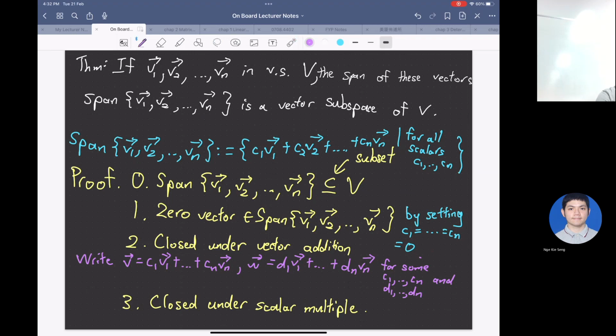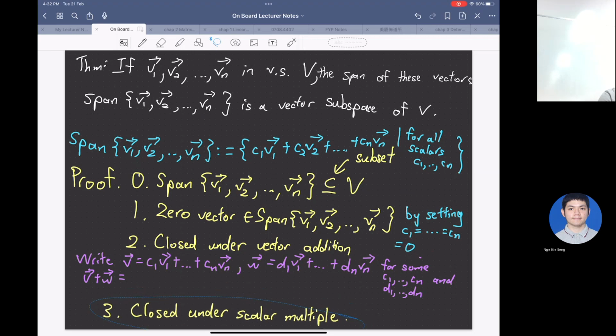So we want to find what V plus W is. Can we write it as a linear combination of V1 up to Vn again? What do you think? You want to add these two together, so now you have 2n terms here. But can you write it as a sum of n terms? Yes.